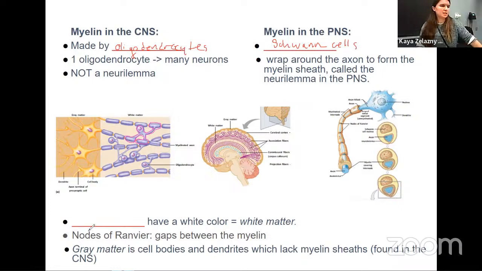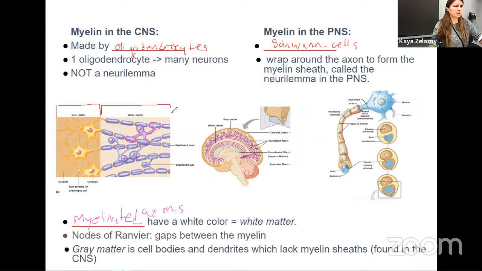So our myelinated axons have this white color. Myelinated axons. Okay. So on this image with the oligodendrocytes, our gray matter is here in this darker beige, brown color, versus white matter is in this lighter beige.